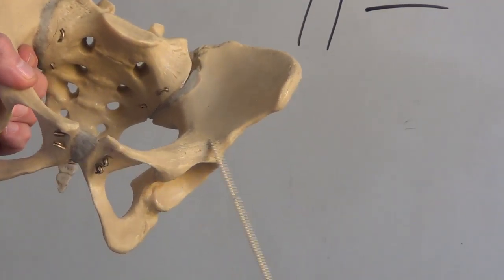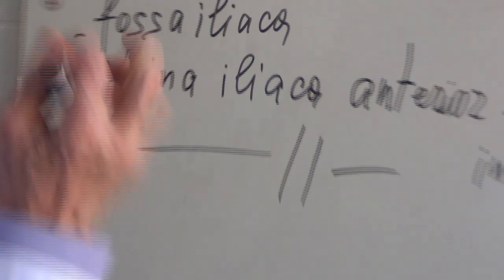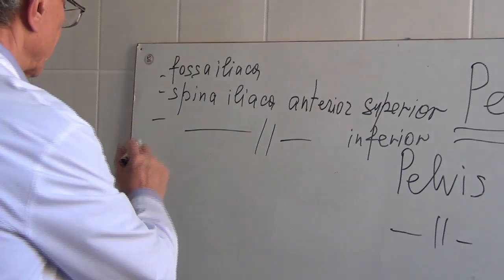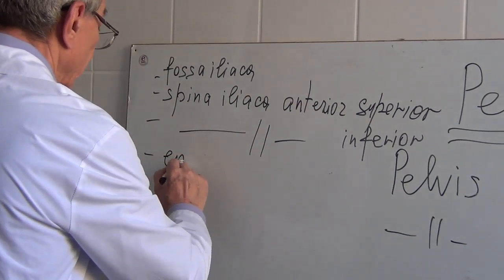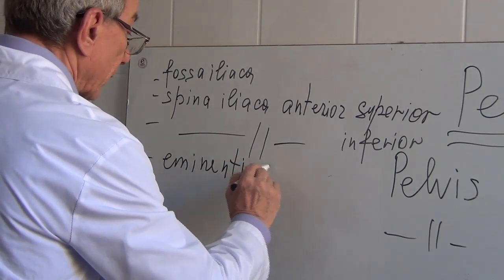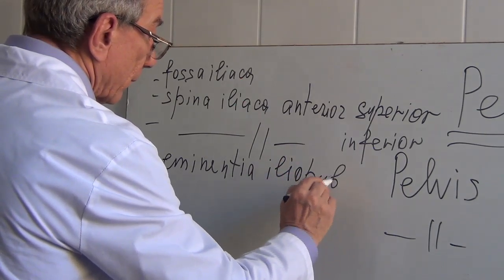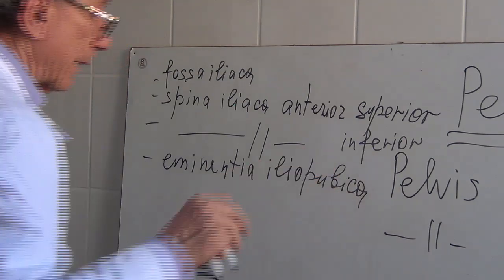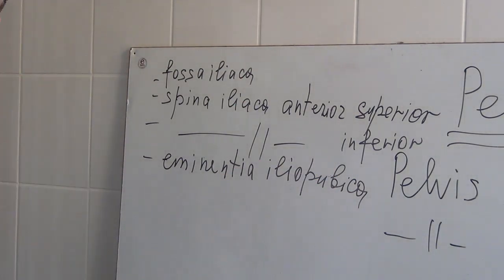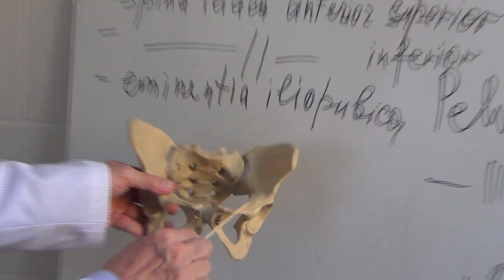So this is eminentia iliopubica. Again, here it is, this structure.